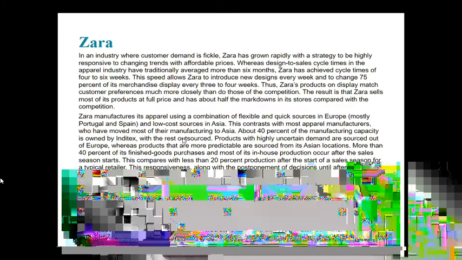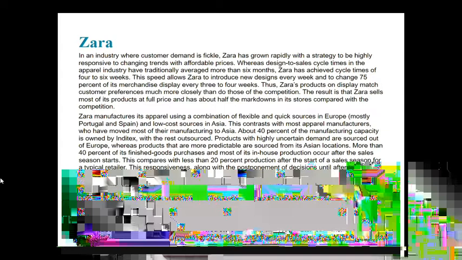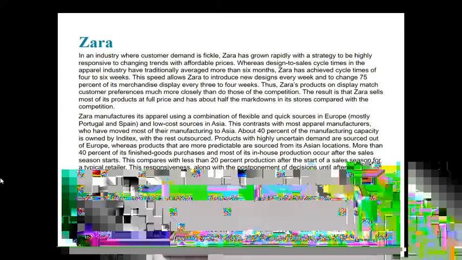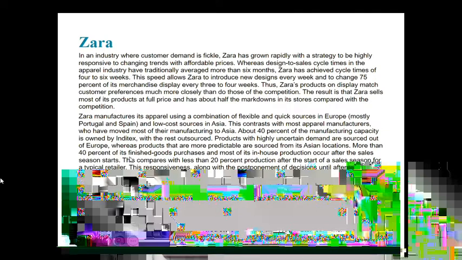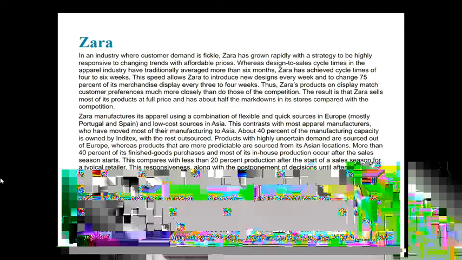The products that are more standardized, like white t-shirts, black pants, stuff like that, are outsourced to production in Asia, where the cost is much lower.